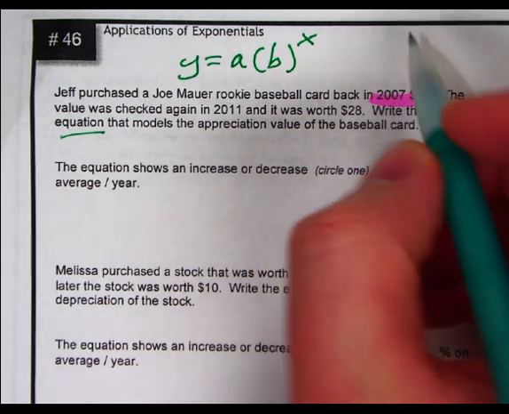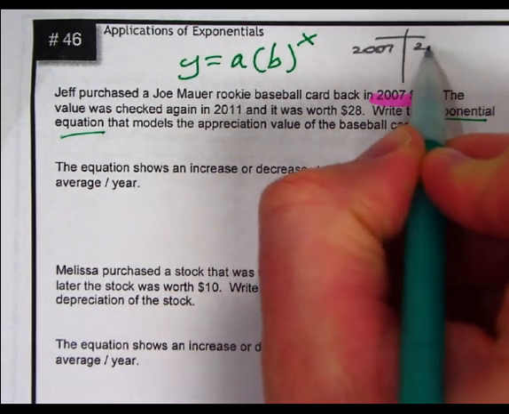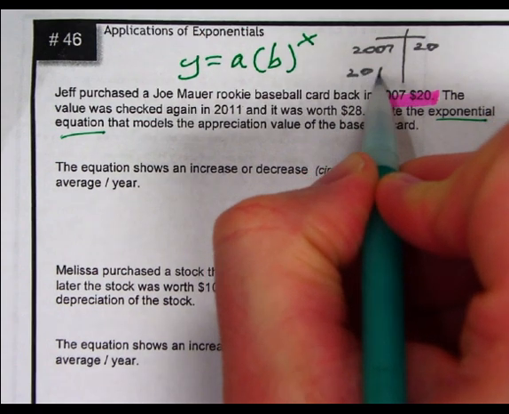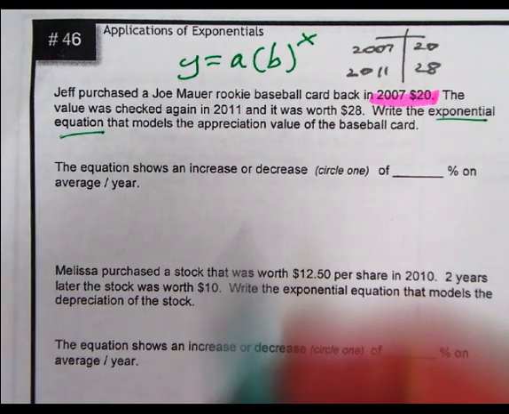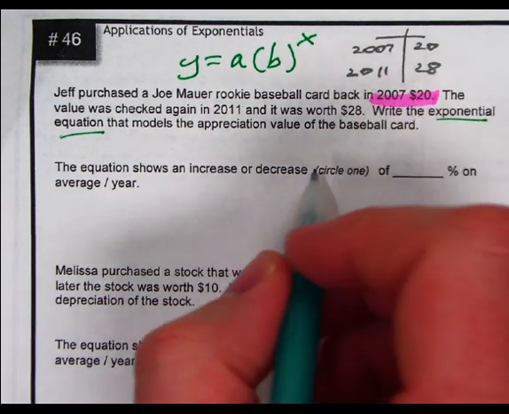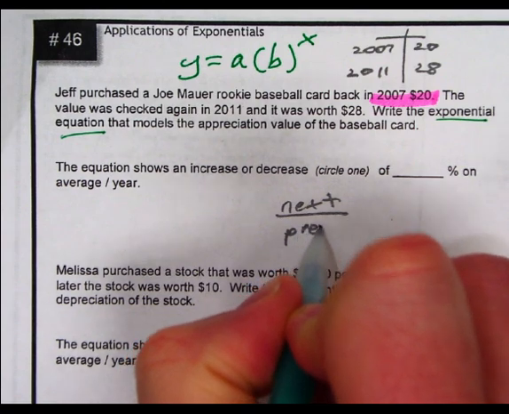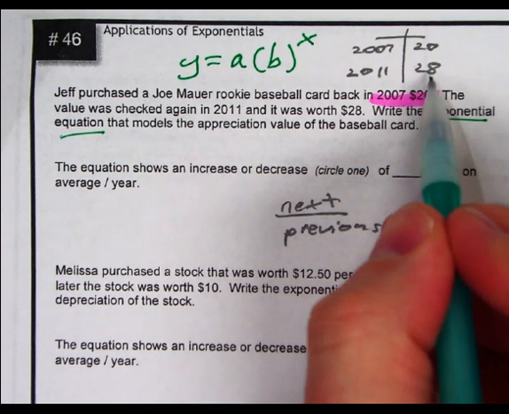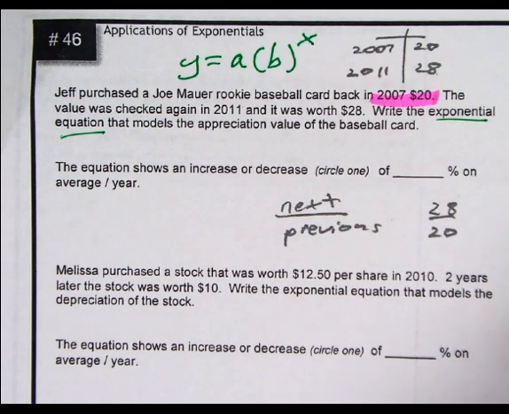If you were to look at this like it was a table, your table would say, well, in 2007 it was $20. In 2011 it was $28. Well, what we've been doing throughout the year is if we know it's multiplication based, we've been doing next divided by previous. I take the next one in the table divided by the previous one above it. So in this case it would be 28 divided by 20, because then I can figure out what multiplication happened.